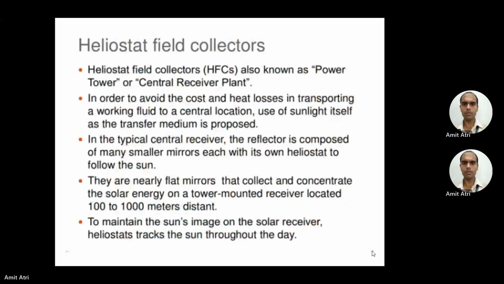So the heat loss, okay, to minimize that and to minimize the cost in transporting a working fluid to a central location, because in previous types of collectors we have seen that the fluid collecting the heat is flowing through the collector absorber, then it is coming to the storage tank. Now here, what is the difference? The use of sunlight itself is as a transfer medium. The sunlight itself is transferring.